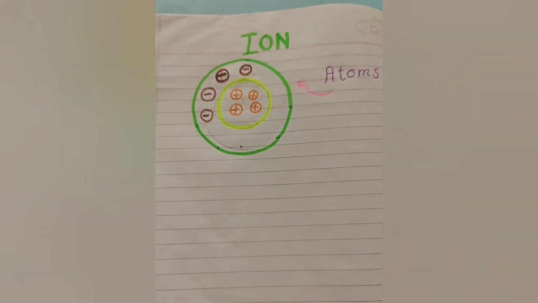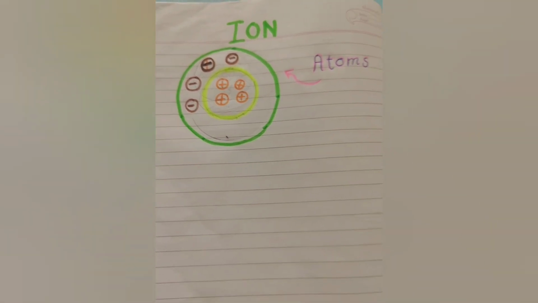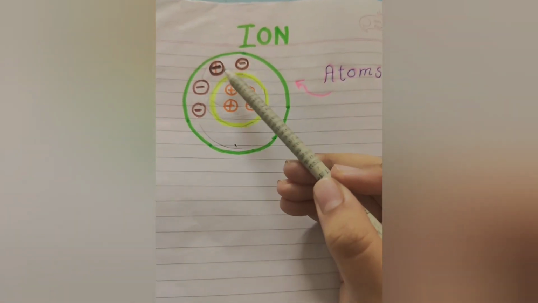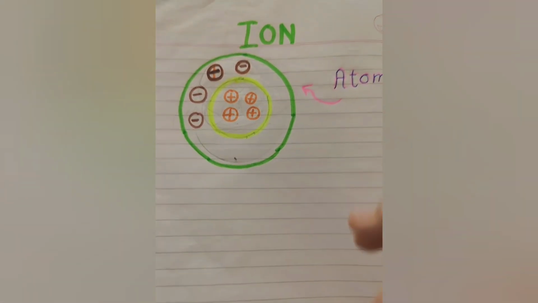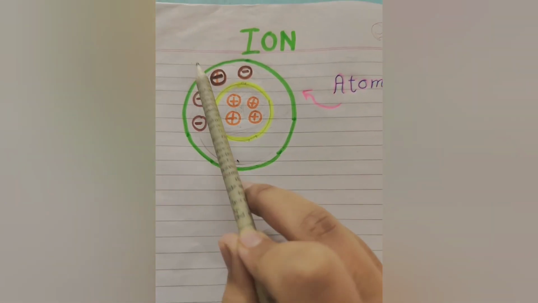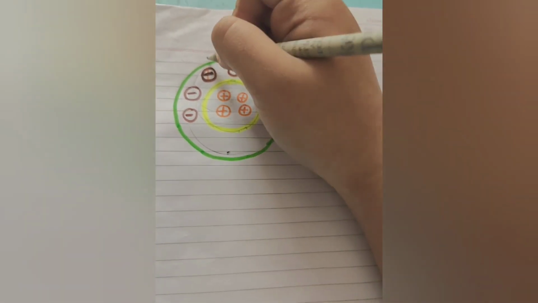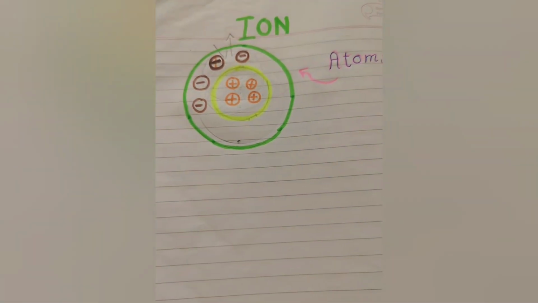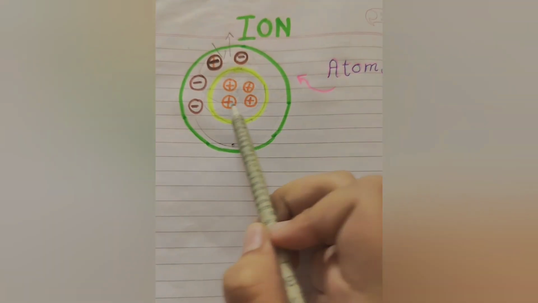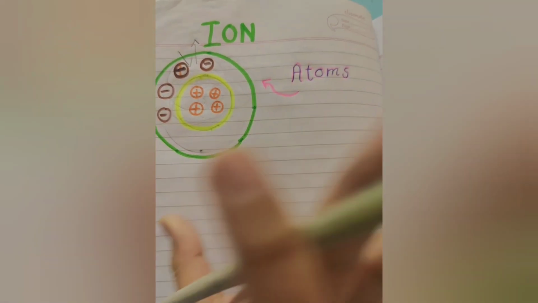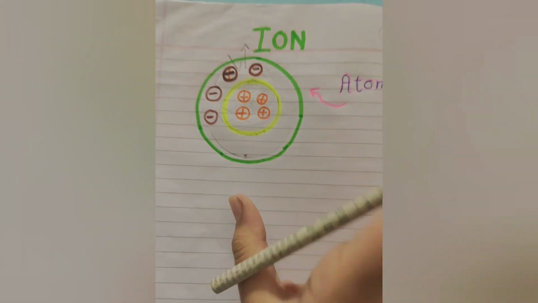Now, let me share one important thing with you guys. Electrons have the capacity to move in and out of the atom. They can move out and they can move in whenever they want to. But protons and neutrons are not capable of this. Why?